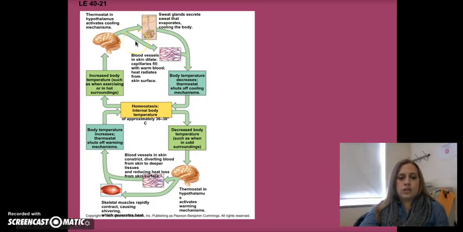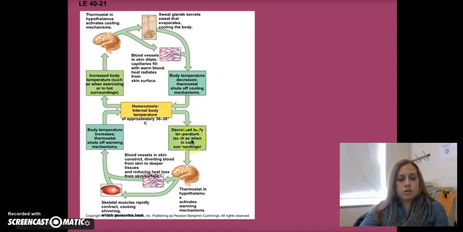Blood vessels in the skin will dilate, and so heat will radiate from the skin surface. And so what that does is it decreases body temperature. The thermostat shuts off the cooling mechanisms, and so now we have our internal body temperature maintained. And then again, when you have the increase in body temperature, the hypothalamus is going to signal all of that to start again. Okay, so that is if you are needing to cool down.